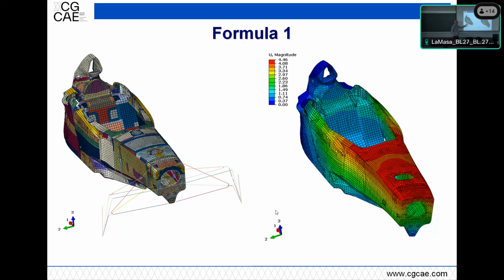But if you then need to change a ply, which is common to this, and this, you need to go in each of the single zones and add or take off one of the plies, and you have to do it in the right order. It's easy to make mistakes, of course. So you need a lot of concentration, and it requires patience. And in Formula One, you don't have patience because you need to produce results in quick times.